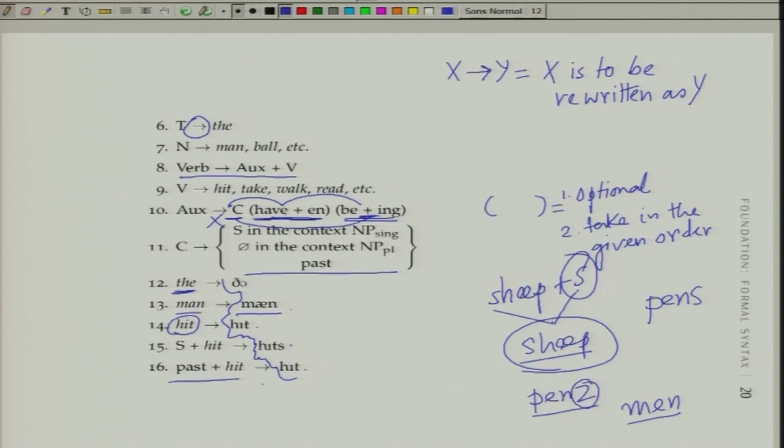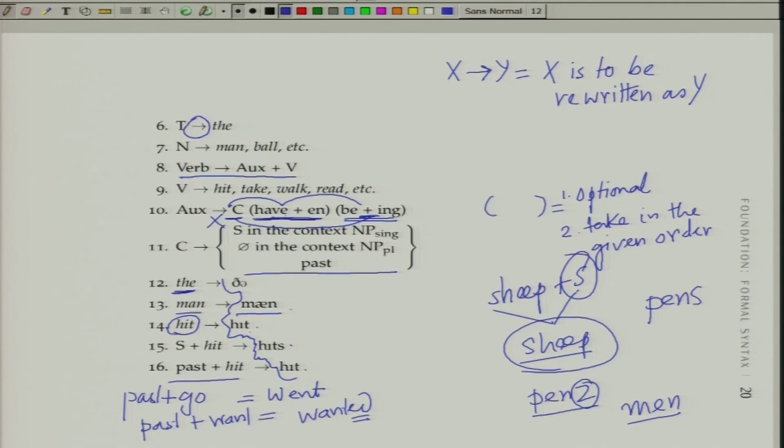Now, you see, unlike other past formations, for example, go, past, that makes it went, or past plus want, that makes it wanted.